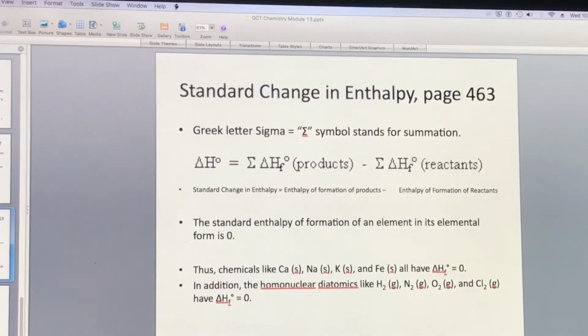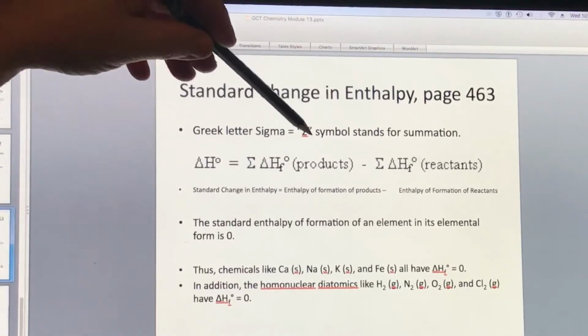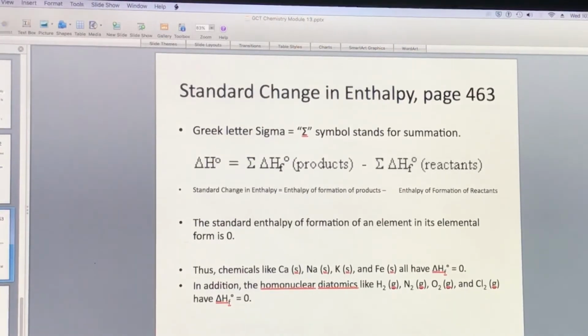Okay, so moving on to page 463, we have a summary equation that talks about the standard change in enthalpy. We're going to be using a new Greek letter called sigma. It's kind of like a zigzag line, and it's a symbol that stands for summation, like the sum of a number of values.